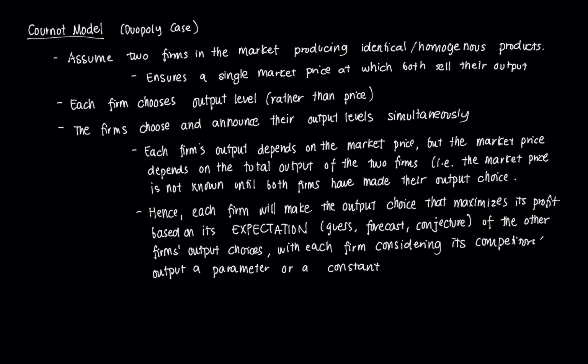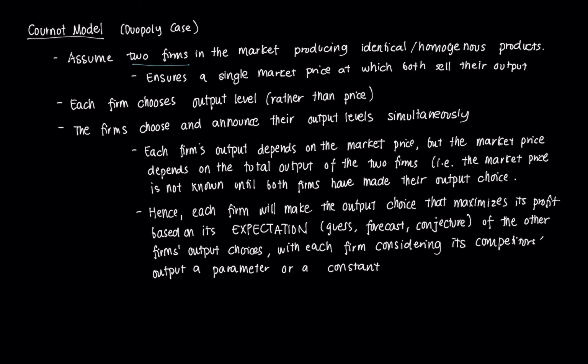We discussed when we tackled monopolies that a firm can only decide either setting the output or setting the price, but they cannot set both simultaneously. So in this particular model, the firms will set output. For this video, we'll deal with a duopoly case, which is the simplest case wherein there are just two firms in the market.